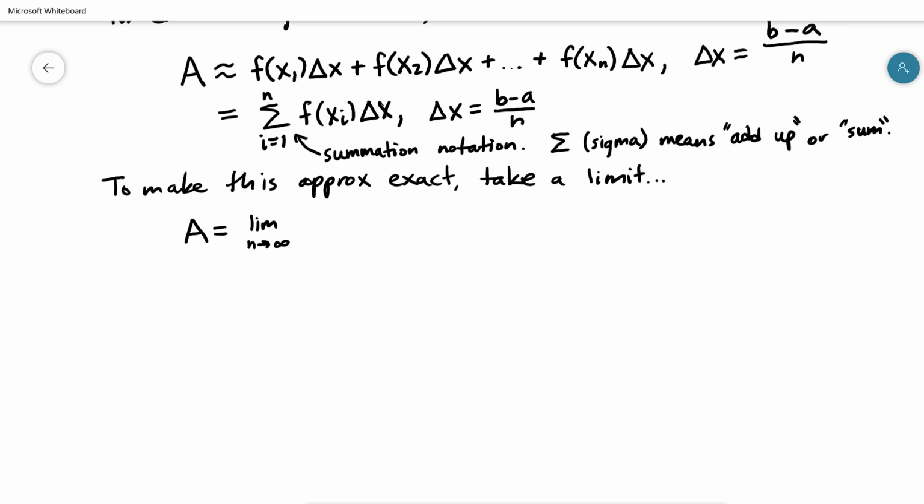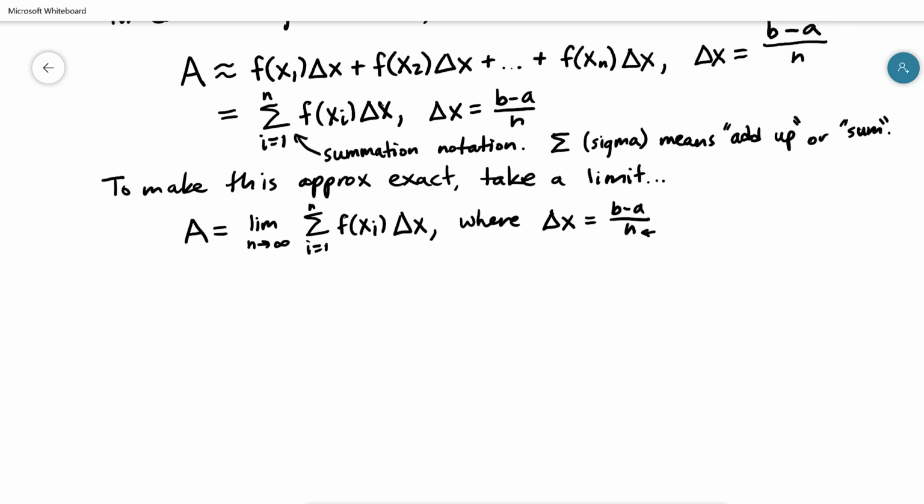So there's the limit as n goes to infinity of the sum, again, i equals 1 up to n, f of x sub i, delta x, where again our delta x is b minus a over n.